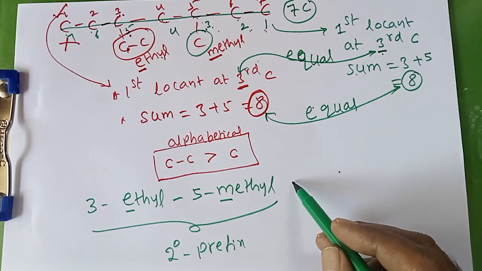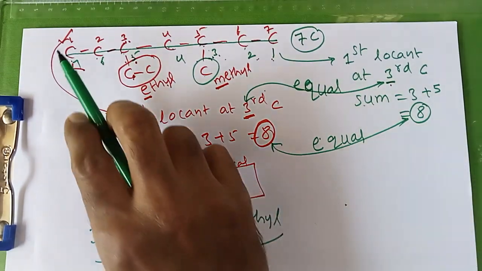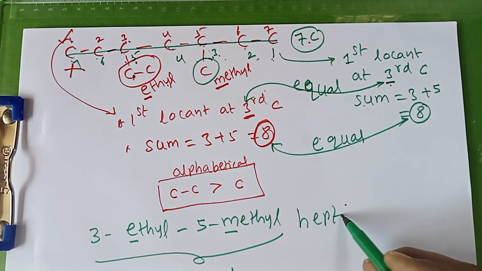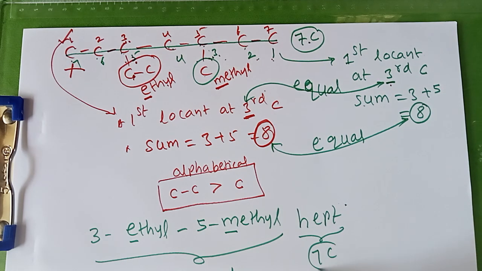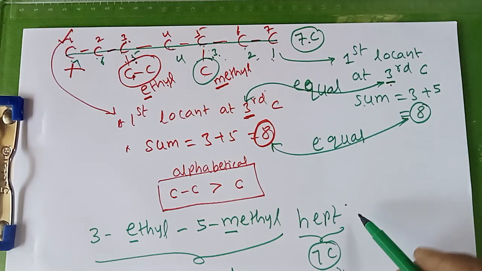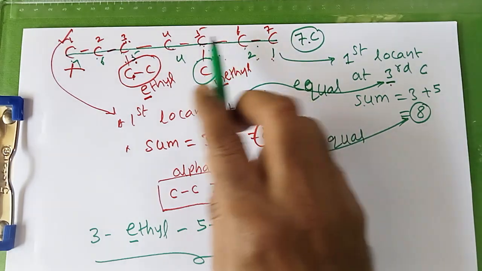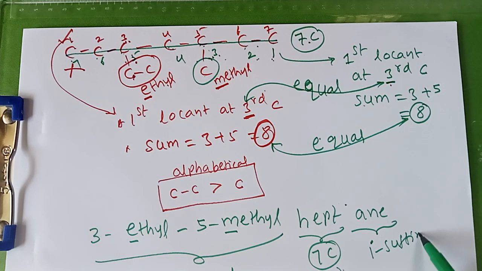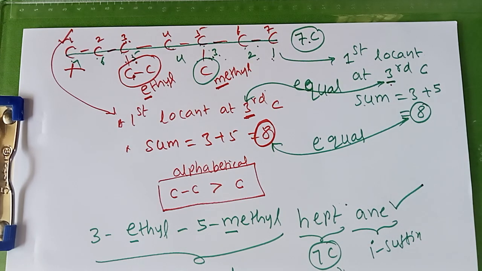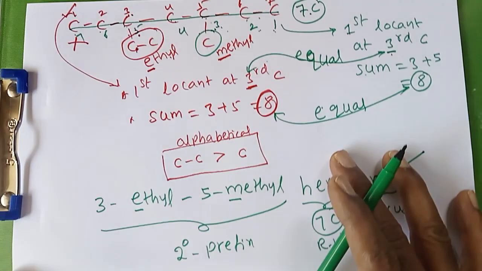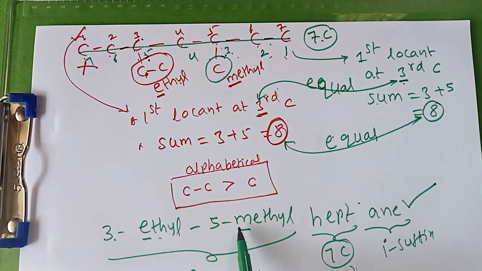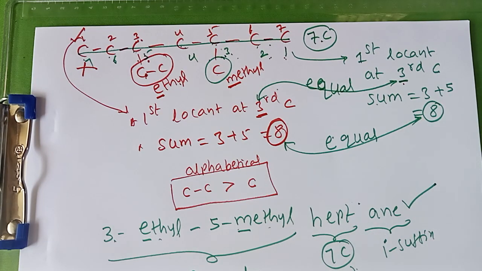Next, 7 carbons root word. In the parent chain 7 carbons are present, and the 7 carbon root word is hept. Next, the primary suffix: all bonds are single bonds only, so ane is the primary suffix. This is the correct IUPAC name from the NCERT example: 3 ethyl 5 methyl heptane.